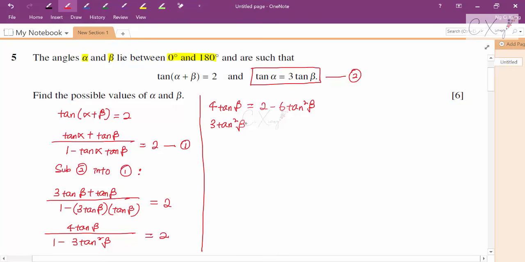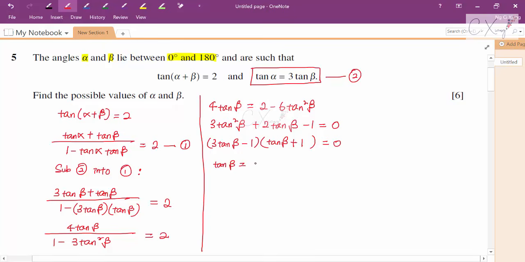I'm having 3 tangent square beta after I simplify it, then plus 2 tangent beta minus 1, equal to 0. When we are having a quadratic equation, to solve it, you can factorize it if you want, or you can apply the quadratic formula. So for me, I will try to factorize it. When I try to factorize it, this is what I get. That should be negative 1 here and plus 1 here.